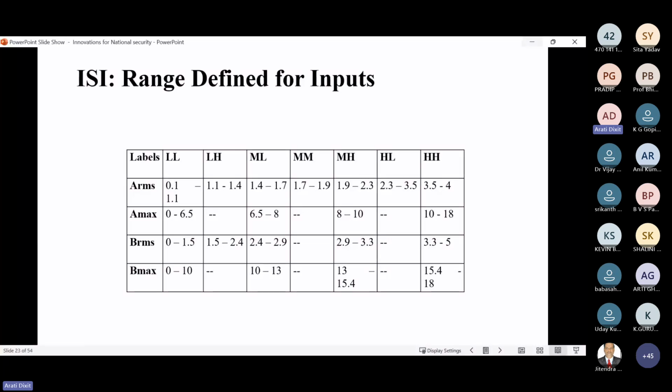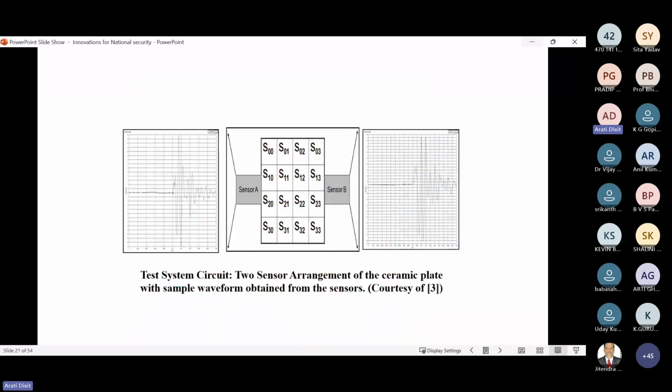And in the experimentation, we used a ceramic plate and different sources for impact, such as different metals or maybe stone, to see what happens with the crack detection algorithm. And same thing with the impact source algorithm.